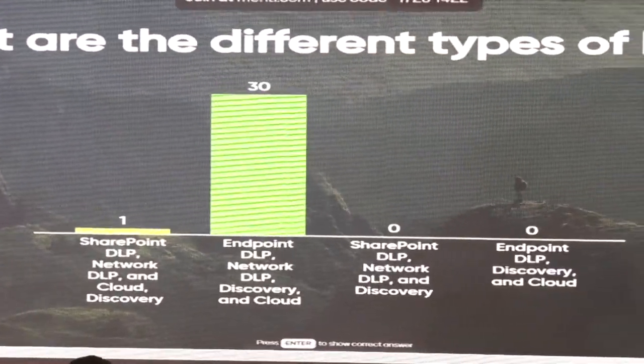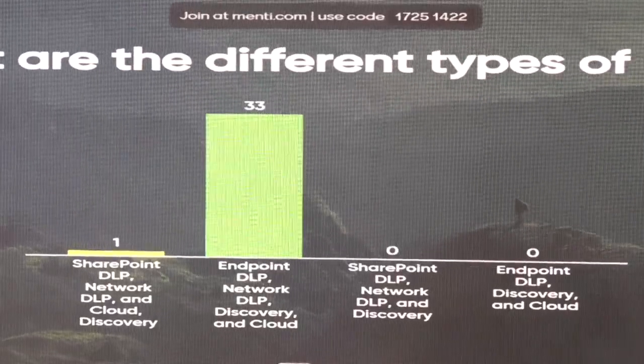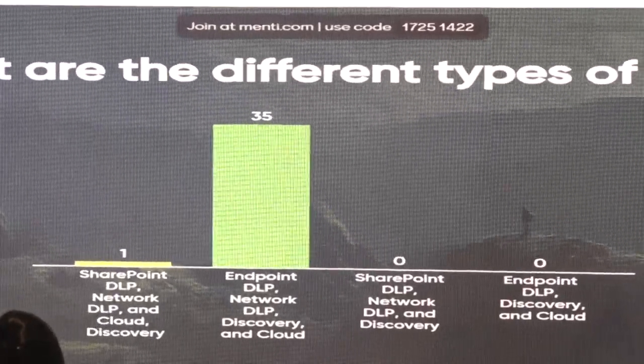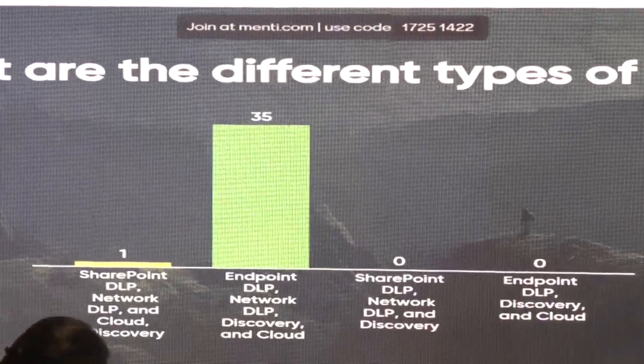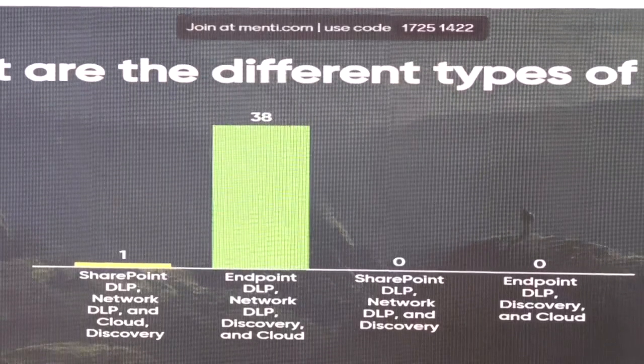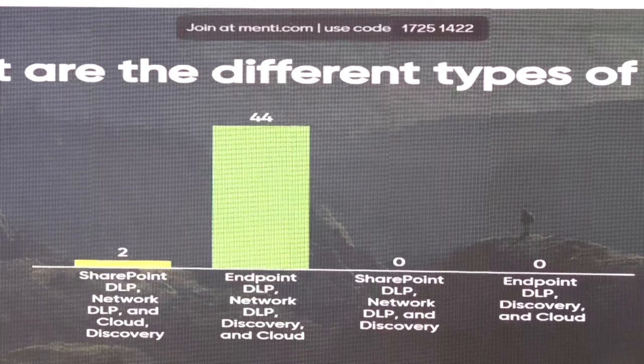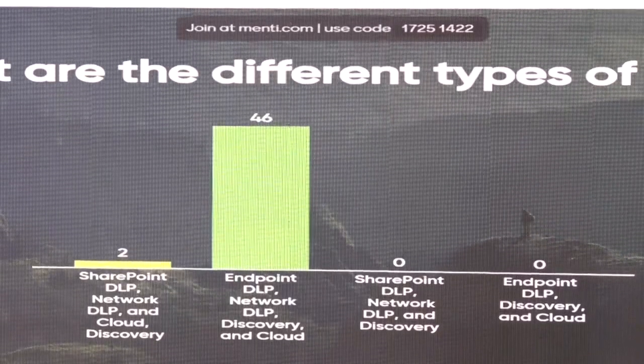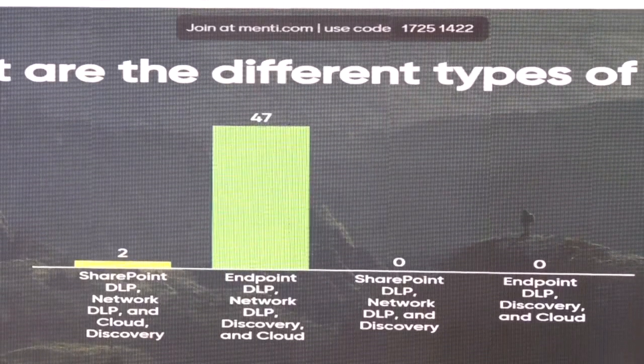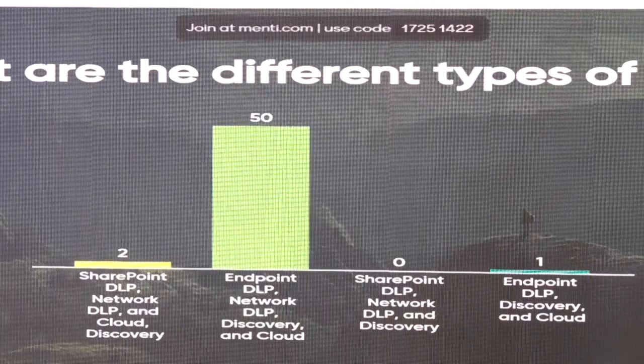So what are the different types of DLPs? About 50 of us have logged in.